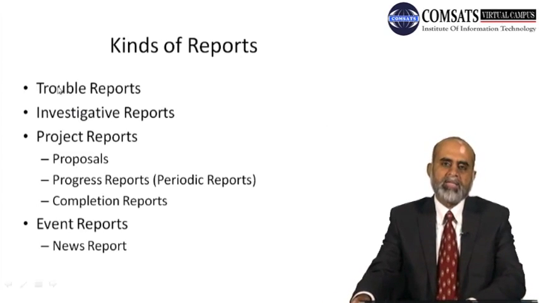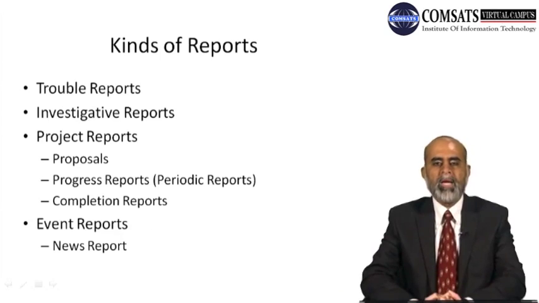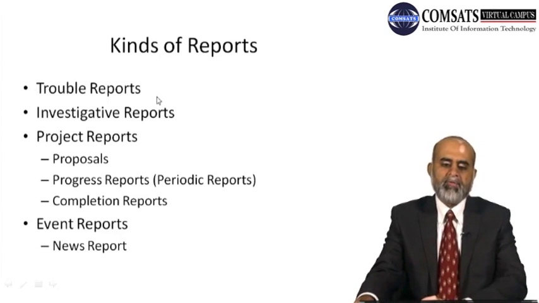Basically, I think you can classify all the above reports into trouble reports, investigative reports, project reports, and event reports. So mainly you can say that there are 4 classes of reports, and within these 4 classes you can have subcategories, of course. Trouble reports are if there is an accident, an incident that took place.